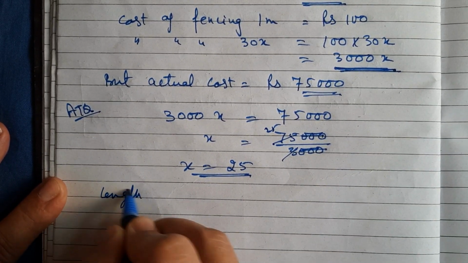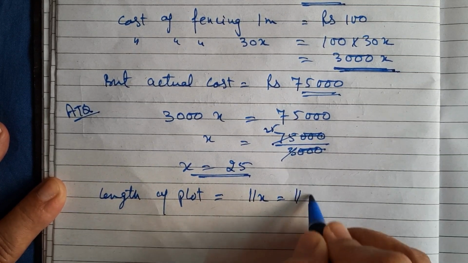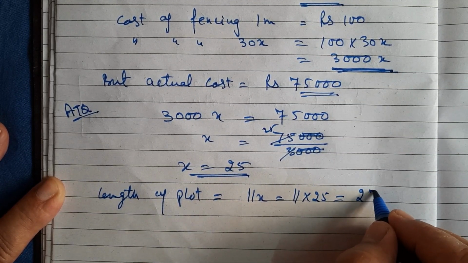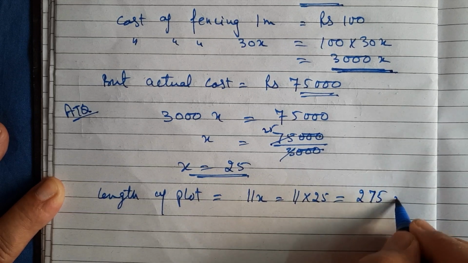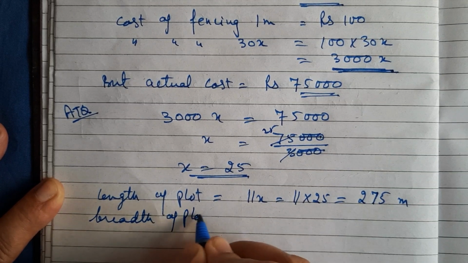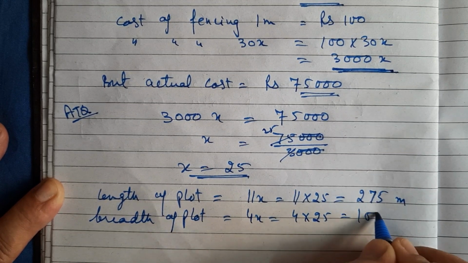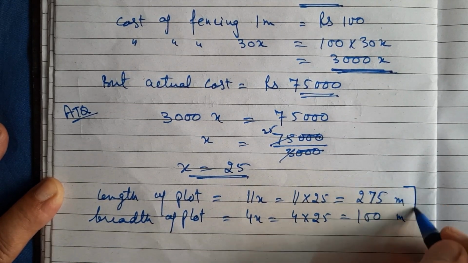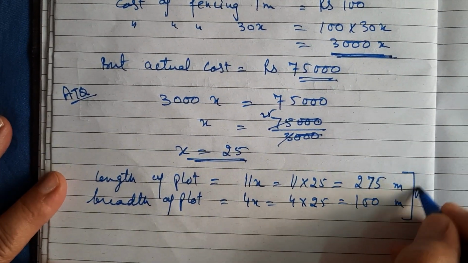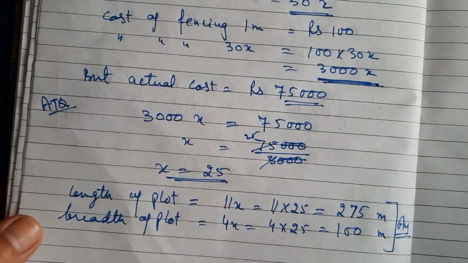So the length of the plot was 11x, which means 11 into 25, which is 275 meters, and the breadth of the plot is 4x, which is 4 into 25, 100 meters. So these are the dimensions of the plot. Length is 275 and breadth is 100.